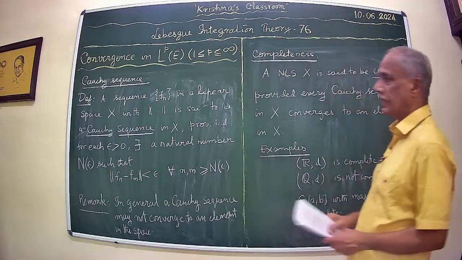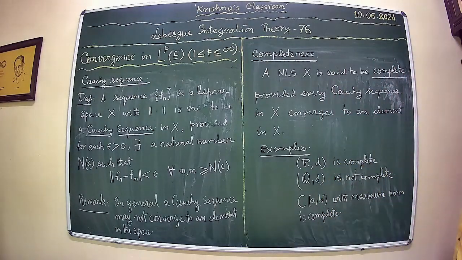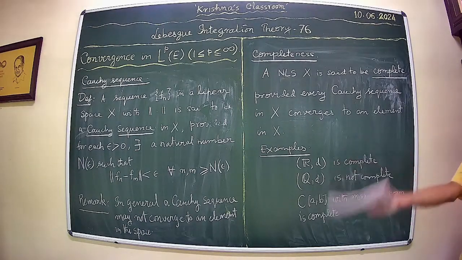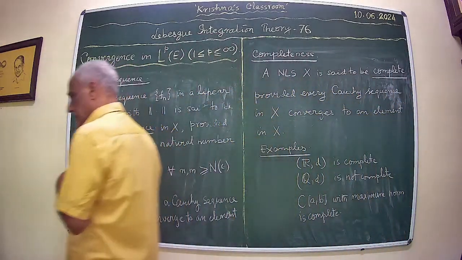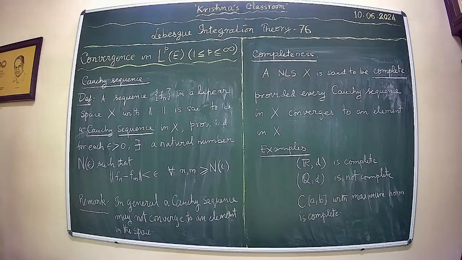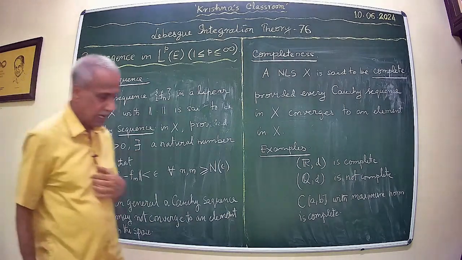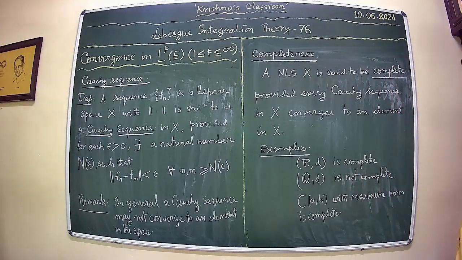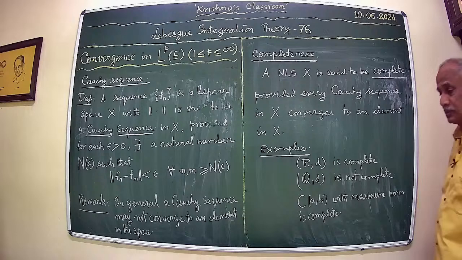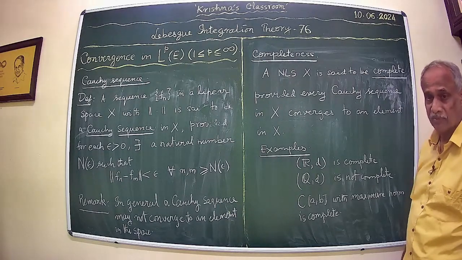As we have observed, if you use the maximum norm in C[a,b], you have a sequence of continuous functions uniformly convergent to some function on this space, and that function actually inherits the property of continuity. So it will converge to an element in C[a,b] because you are able to show that the convergence in this case is essentially uniform convergence.